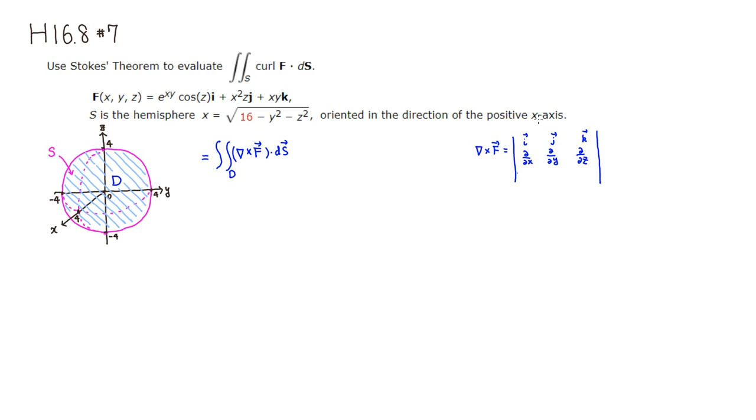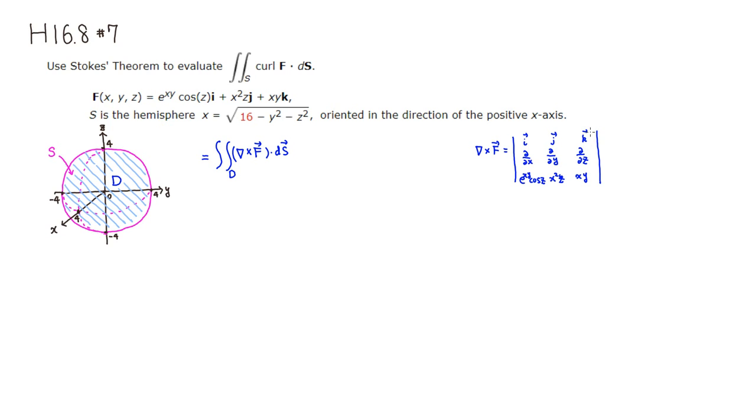The x component is e to the xy cosine of z, the y component is x squared z, then the z component is xy.